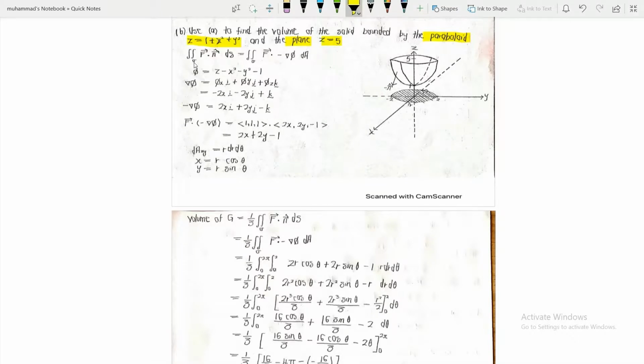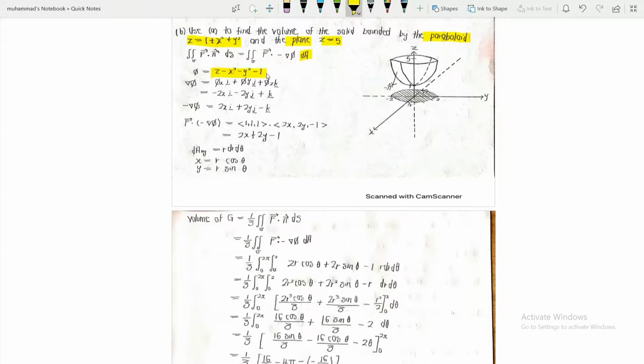So we have double integral over sigma of f dot n dS equal to double integral of f dot negative gradient phi dA. dA is on the xy plane. We have to find negative gradient phi. So phi is z minus x squared minus y squared minus 1.